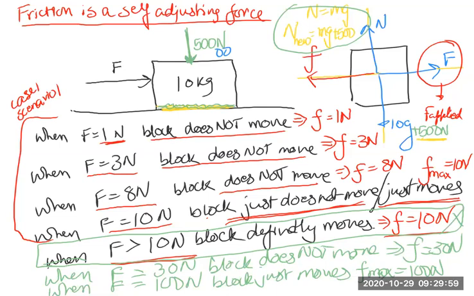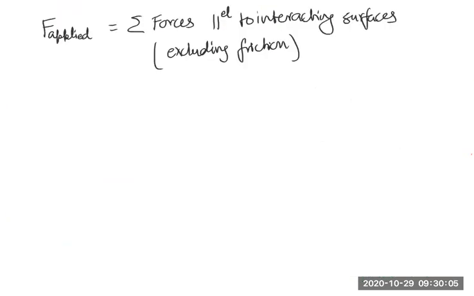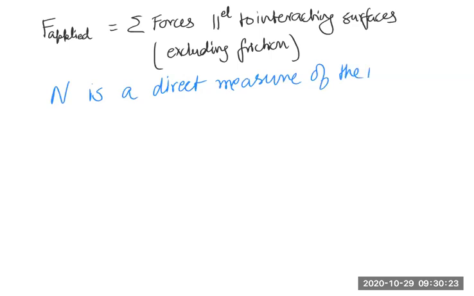This means that N is a direct measure of the intermeshing of the surfaces.